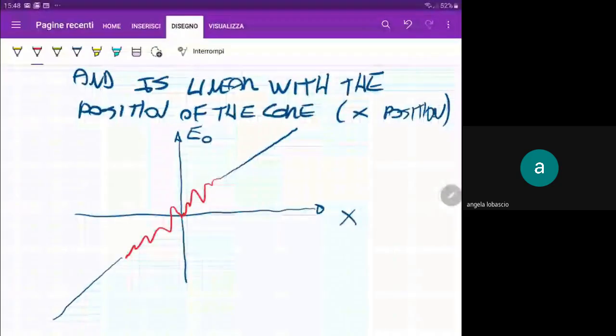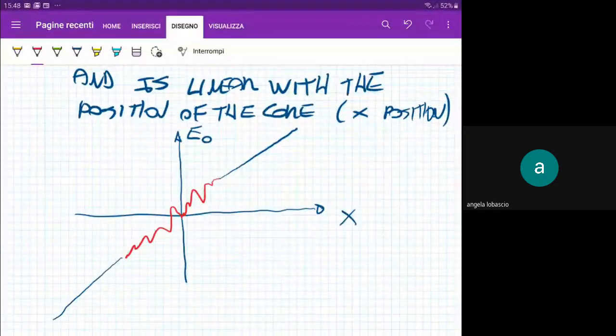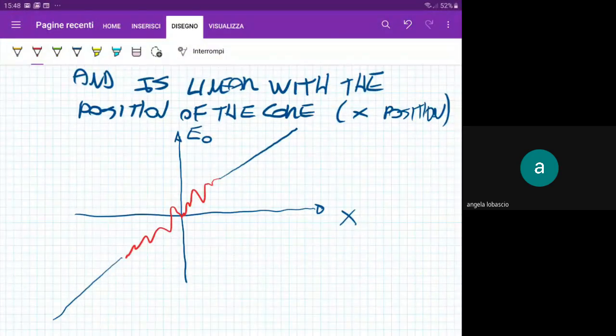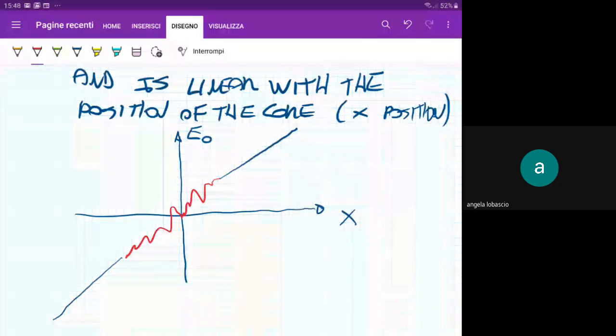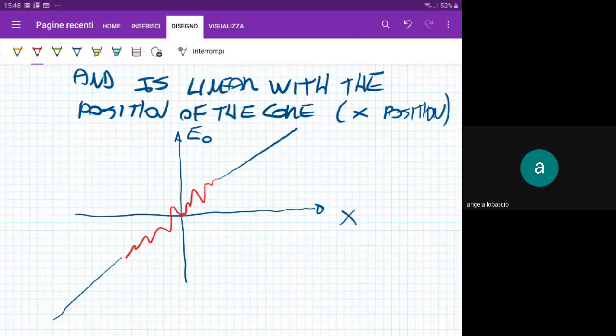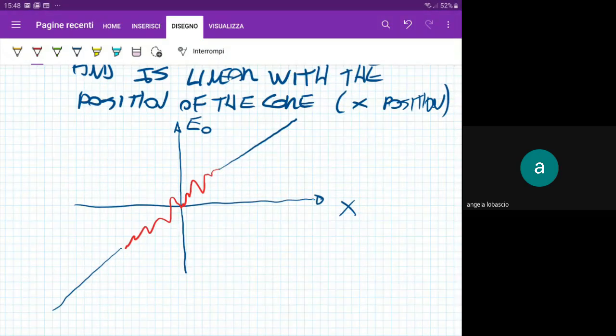I'm not giving you any scale, but around the zero position there could be some issues: no more linear, a very strange behavior linked to the different path that the electromagnetic field takes when interacting between them and with the iron core.